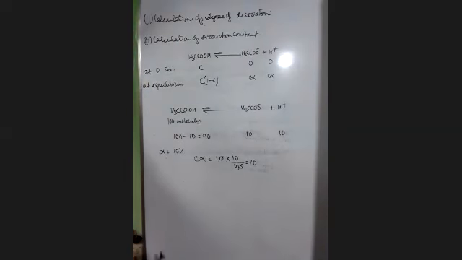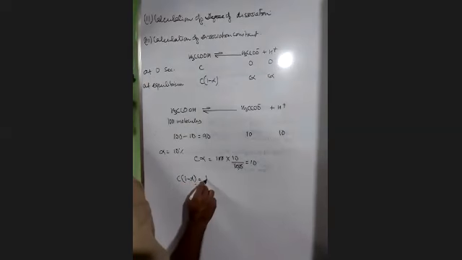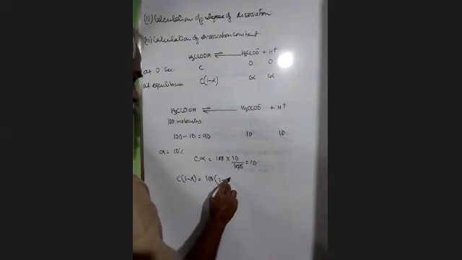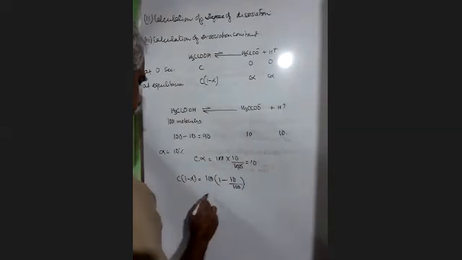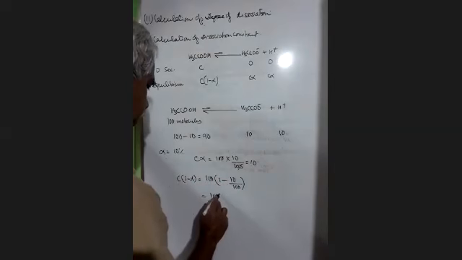How many are left out? See here, C into 1 minus alpha. Is it 90 or not? Right now here it is 100.